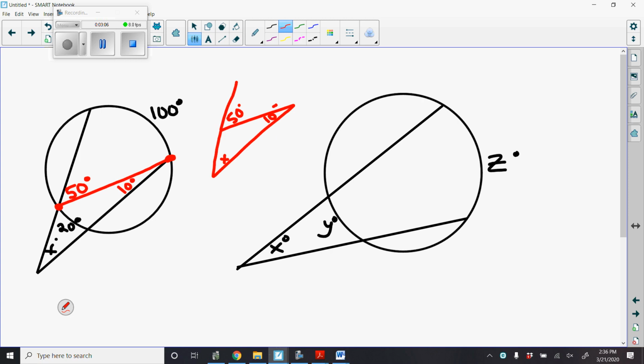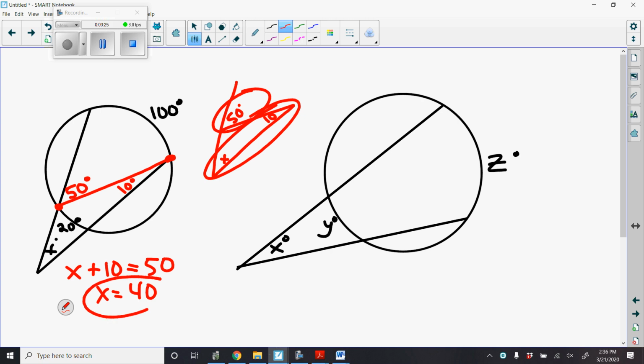And the rule is non-adjacent plus non-adjacent equals exterior. So I know that X plus 10 has to equal 50. So what does that give me for X? Well, that gives me X has a measure of 40.